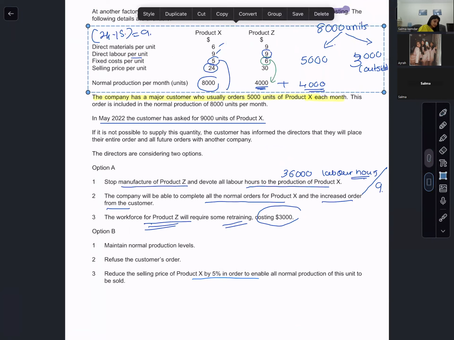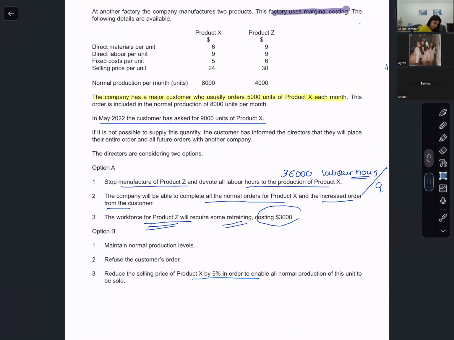That you will not take the new order that he wants. You will refuse the customer's order. You will produce 8,000 units only, and 4,000 units only, and you will reduce the normal selling price of product X by 5%.